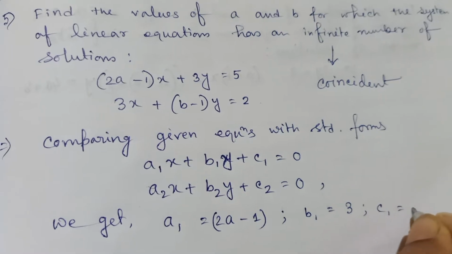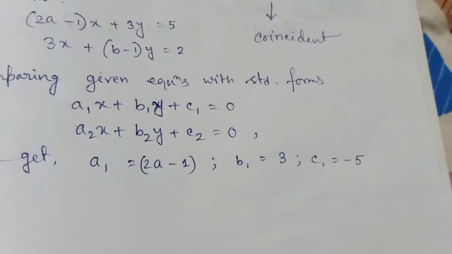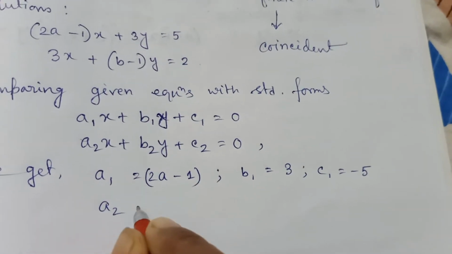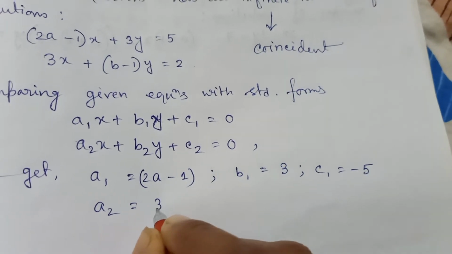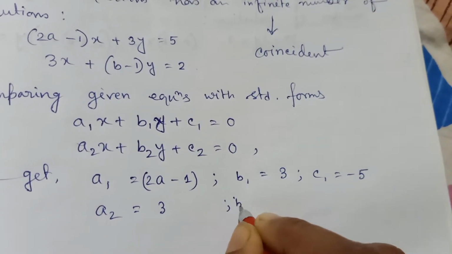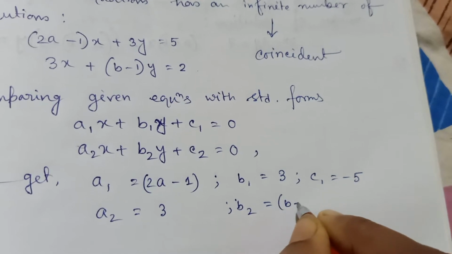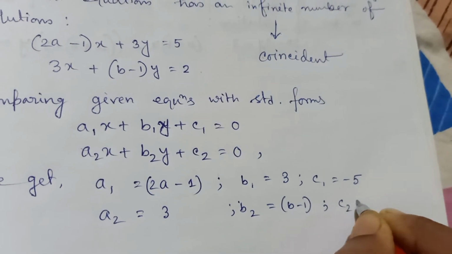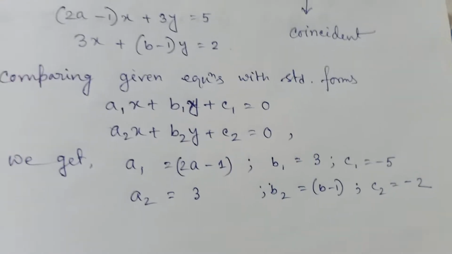Okay, so c1 equals minus 5. Now a2, in the same way, a2 is 3. Then b2 is b minus 1 and c2 is minus 2.